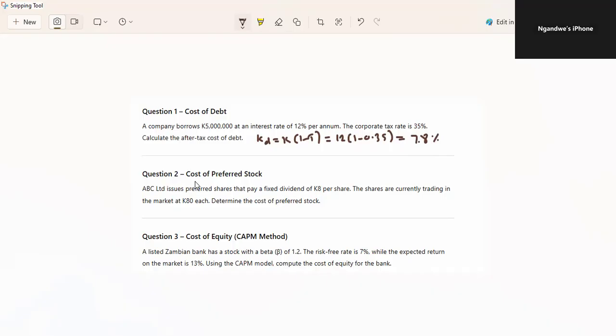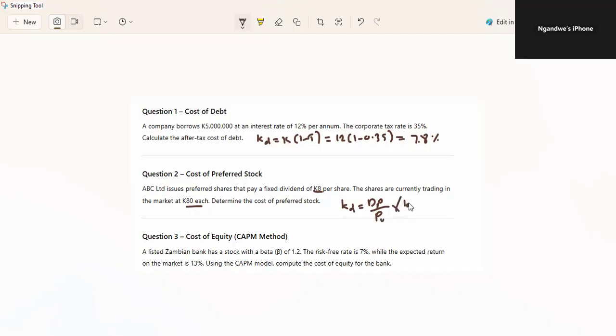Then we go here. ABC Limited pays a fixed dividend of 8 kwacha per share, and shares are currently trading at 80 kwacha each. What is the cost of preferred stock? The cost of preferred stock is simply what? Dividend paid over price of stock now, times 100.